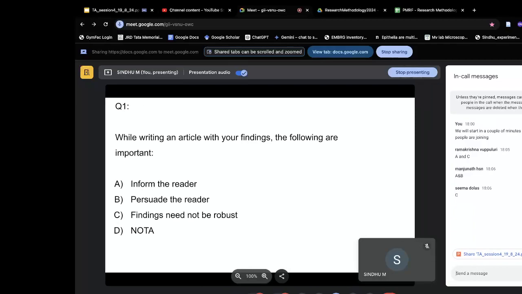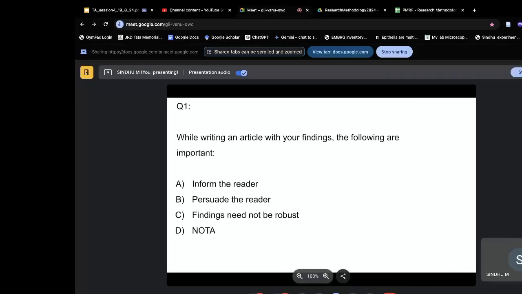I can only see 3 responses. What about the others? I'll wait one more minute for the others as well, then we can discuss the solution.